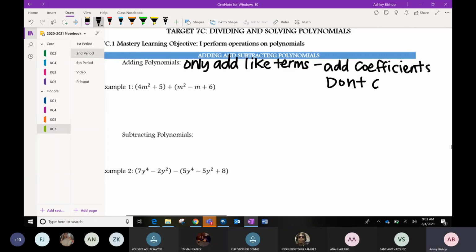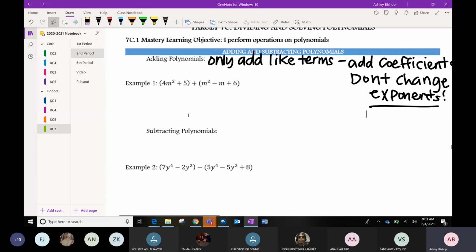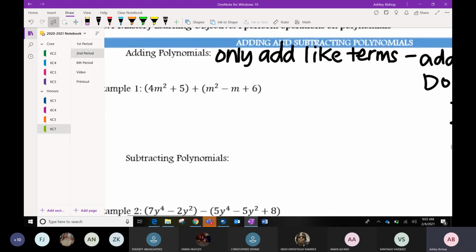That's a big deal. Alrighty. So we have an example here. If I am adding two polynomials, I am going to add their coefficients. Their coefficients are the number in front of the letter, and I don't change their exponents. So in this example, I only add the like terms.